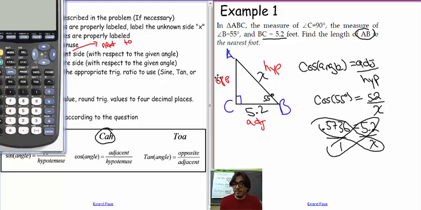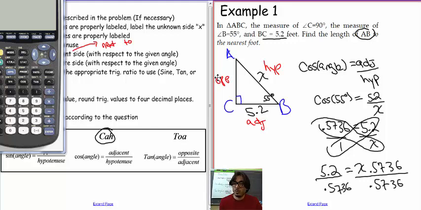So we're going to get 5.2 times 1, that's just going to be 5.2, equals x times 0.5736. We want to get x by itself, so we got to do some inverse operations here. So divide both sides by the number that's next to the x. So divide both sides by 0.5736.